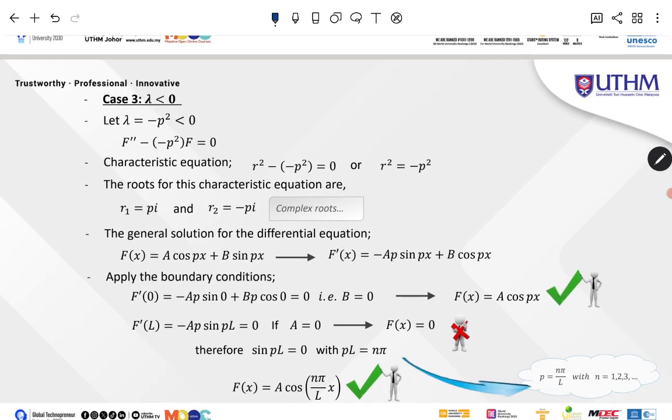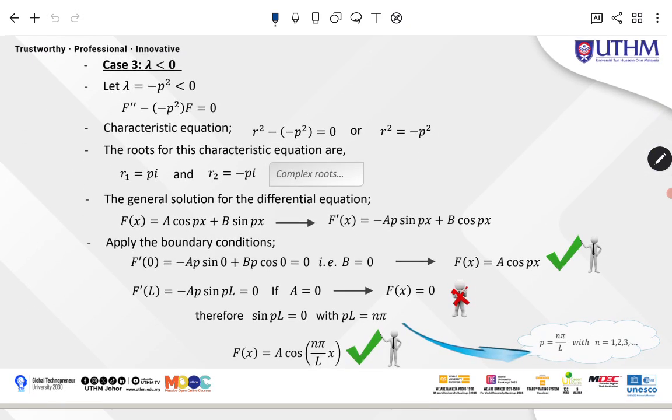Then we look at lambda less than 0, which gives complex roots, and we have this kind of solution. We differentiate to apply the boundary condition, and it is satisfied at both x equal to 0 and x equal to L.